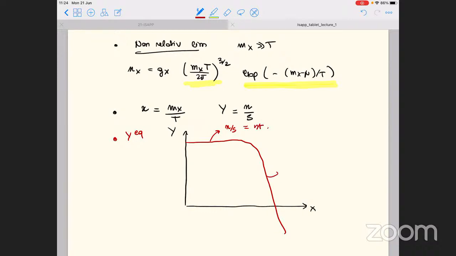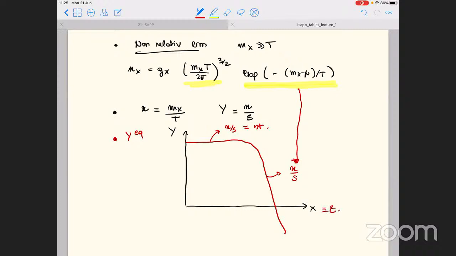At later time, n over s is essentially completely driven by the Boltzmann suppression, and your equilibrium density just gets completely suppressed at later time. So this is the evolution of my number density as a function of time.